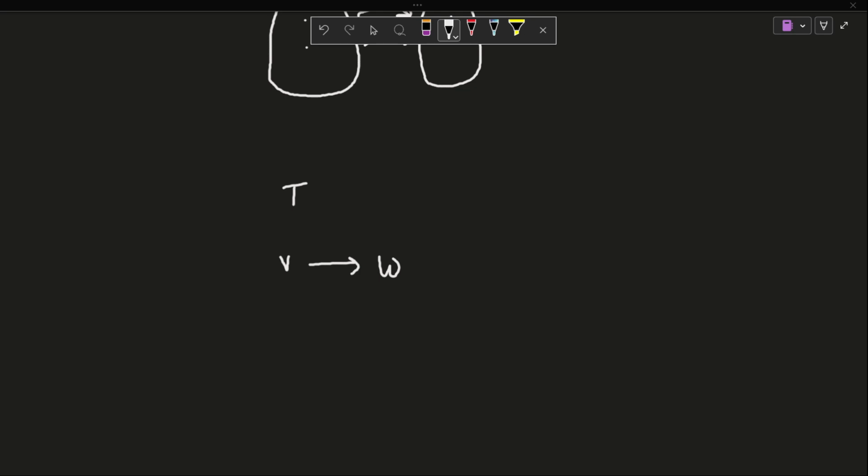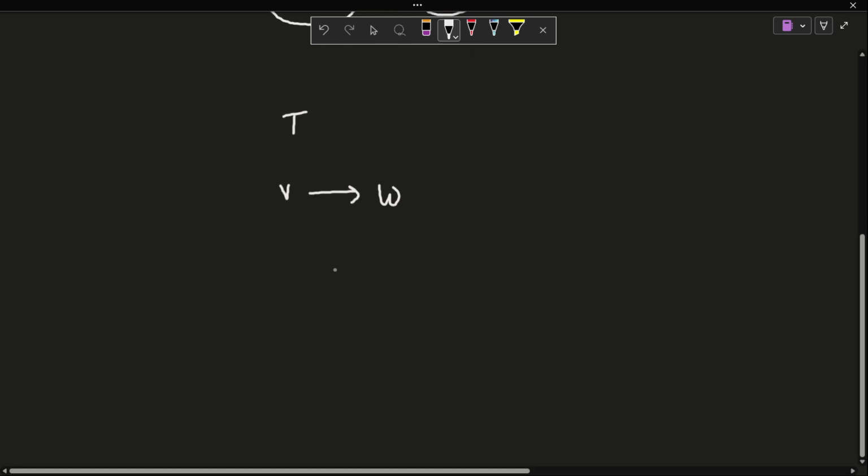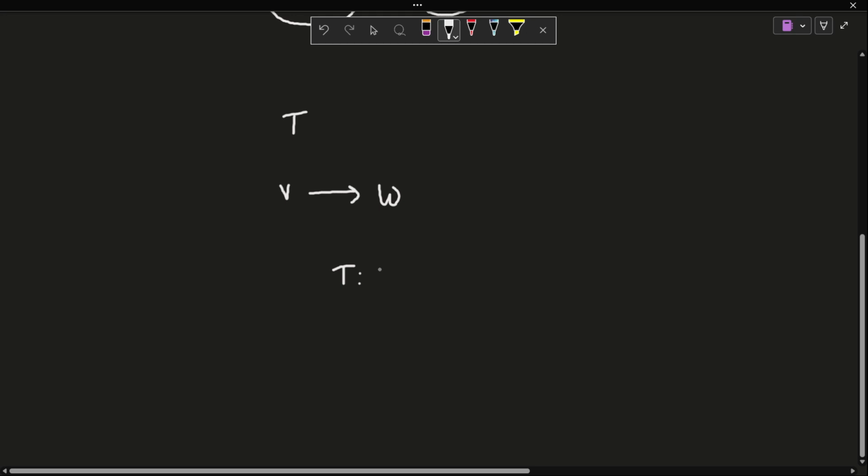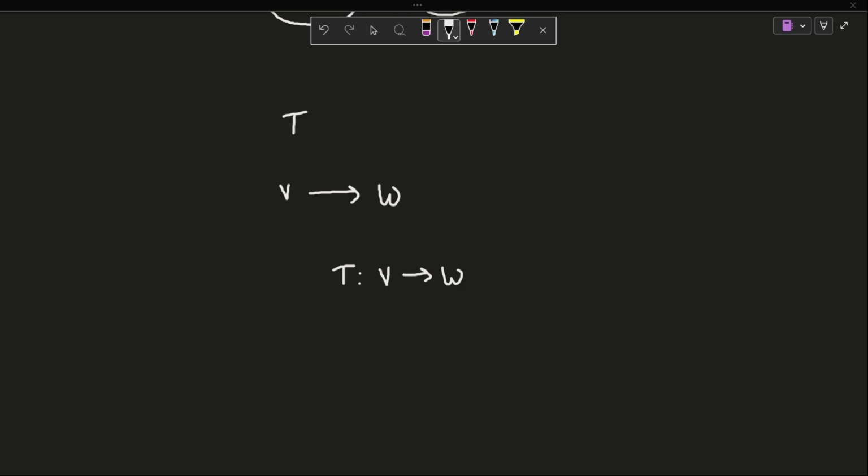We denote this by saying T, normally italicized, I believe, and then V to W. And this is how you denote a linear algebra transformation.